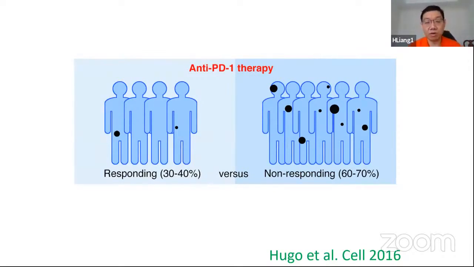For example, in melanoma, only 40% of patients respond to anti-PD-1 therapy. So early on, people tried to understand this. They generated RNA-seq data from responding and non-responding patients, to see if some gene expression signature can help predict anti-PD-1 response.